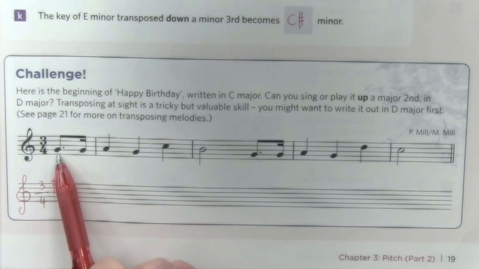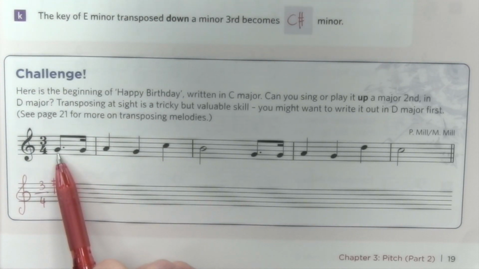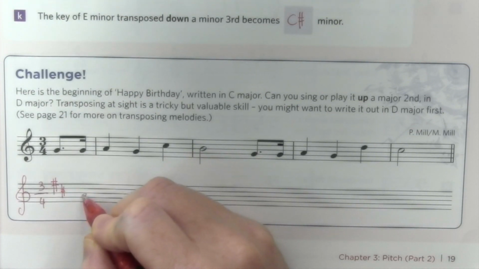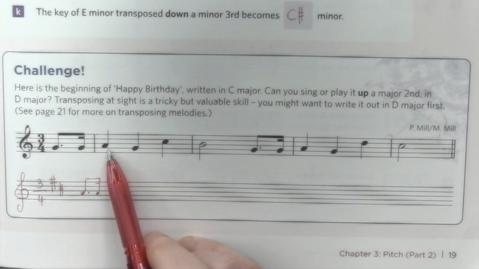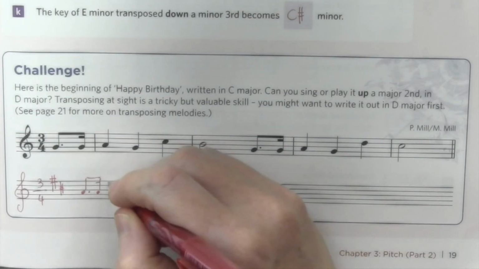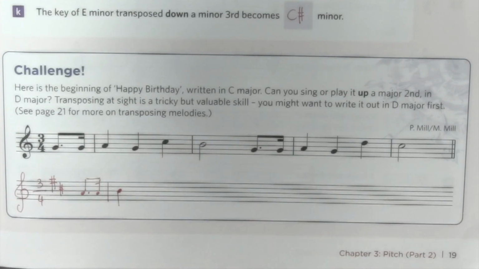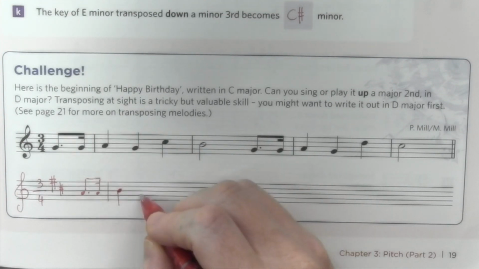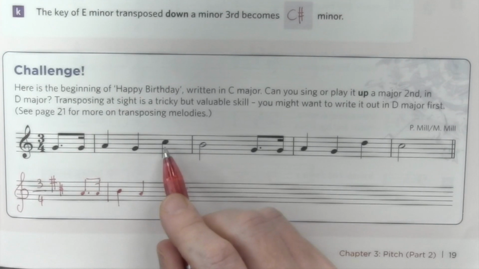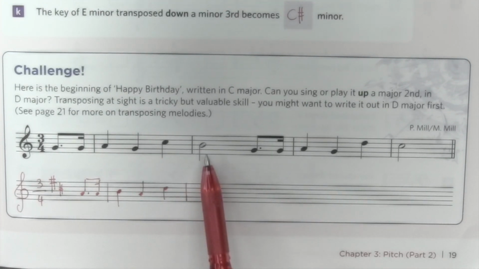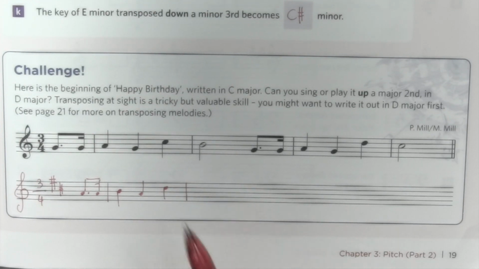So now everything is at a major second up. So G becomes Sol, becomes La. One tone up from La would be B. Sol becomes La. Do becomes Re. One tone up from B would be, careful here, Do sharp.